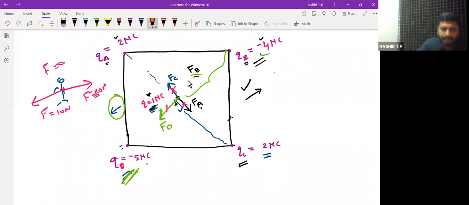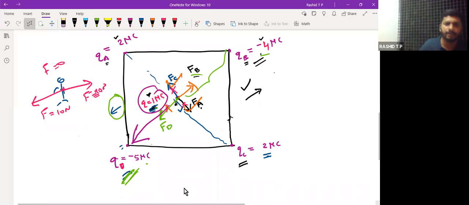Maybe slightly the strength of the force will be smaller, and this portion and this portion cancelled, and this already cancelled. The result is that our charge, that is this charge, will move towards this QD. Okay. This is the way to solve force problems.